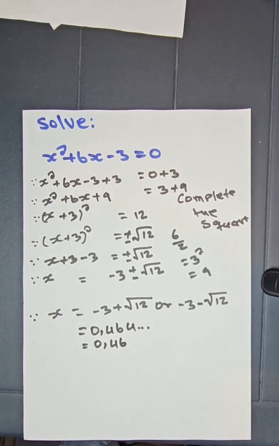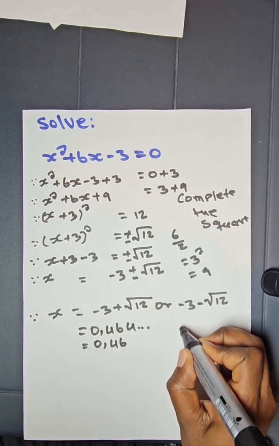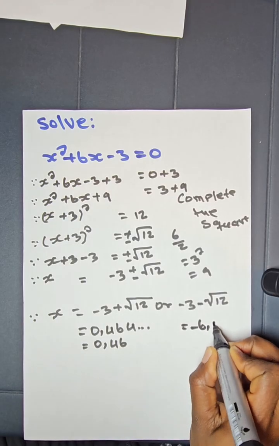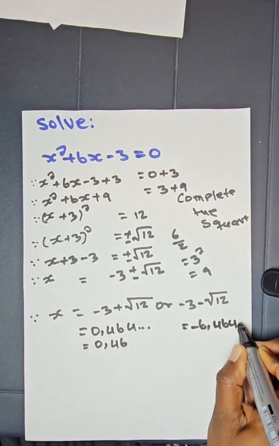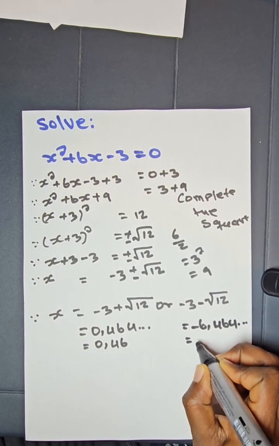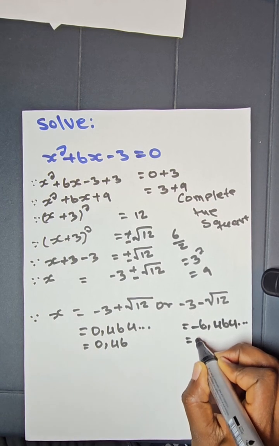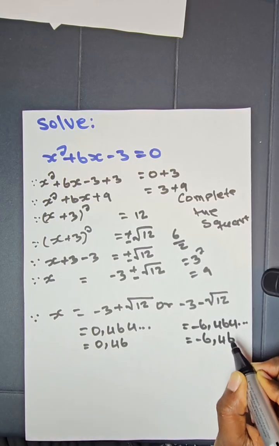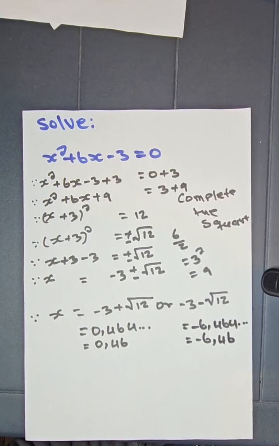For the other one, I have minus 3 minus the square root of 12. This simplifies to minus 6.464, and rounded to 2 decimal places, it is minus 6.46. Then you are done.